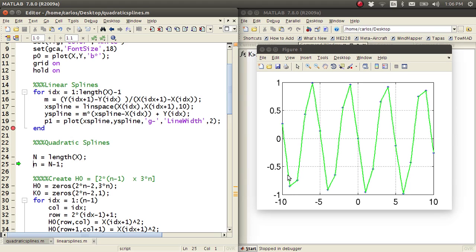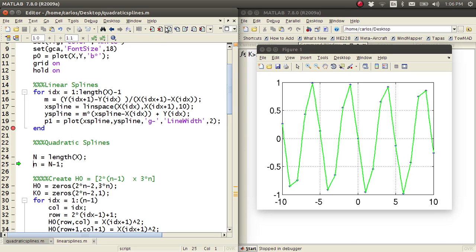In this case, I have 18 interior spline points, and that will give me 18 unique equations.